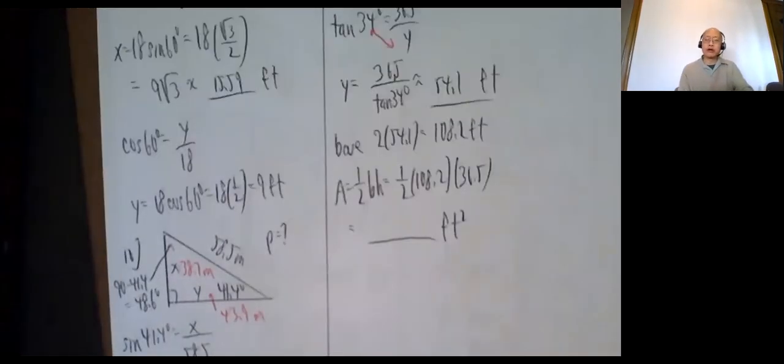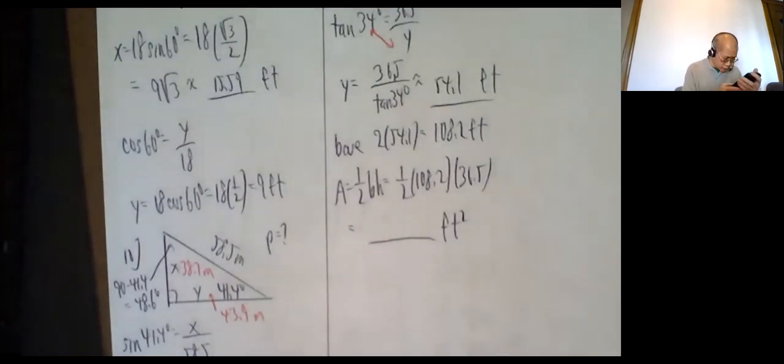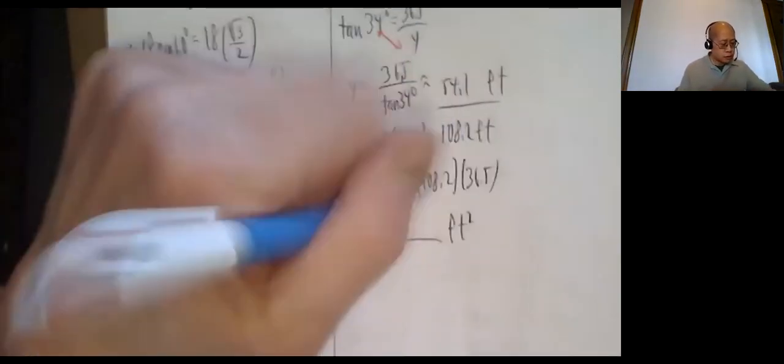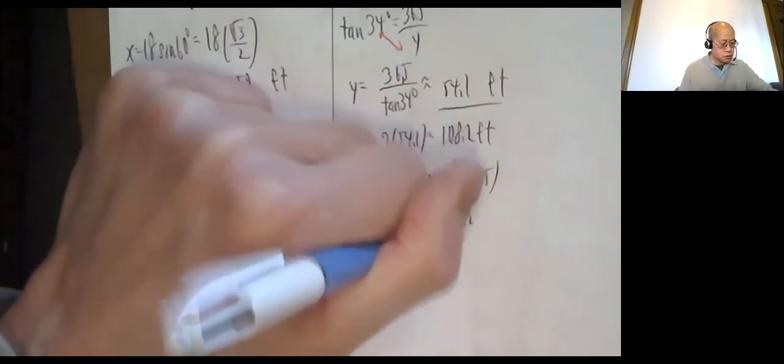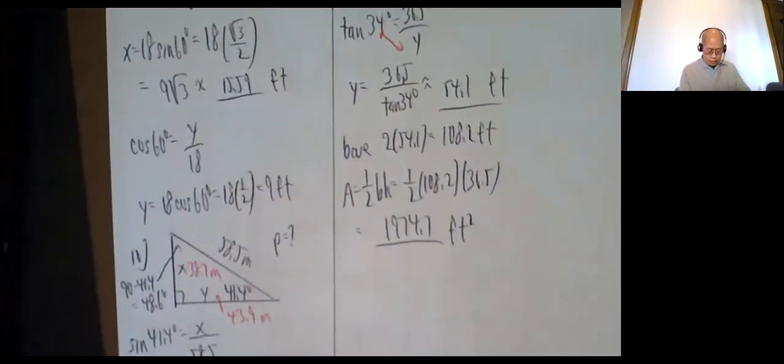Remember, area is square units. Well, 54.1 times the height of 36.5 is 1974.7, like that.